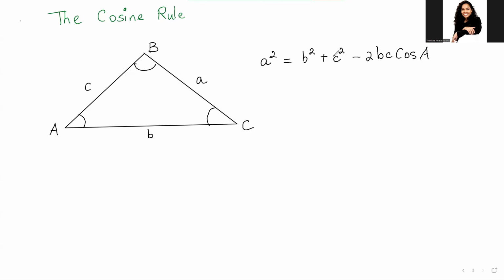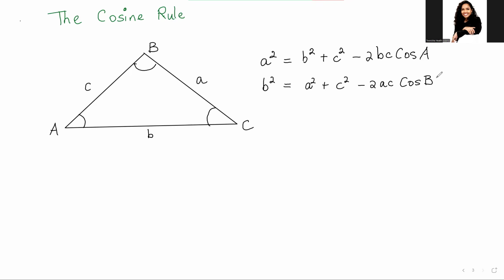And it will be the same thing for B or C, except you'll be interchanging the other sides. So if I wanted to find side B, then B squared will be equal to A squared plus C squared, the sum of the other two sides, minus 2 times the product of the other two sides by the cos of the corresponding angle of the side you're trying to find.